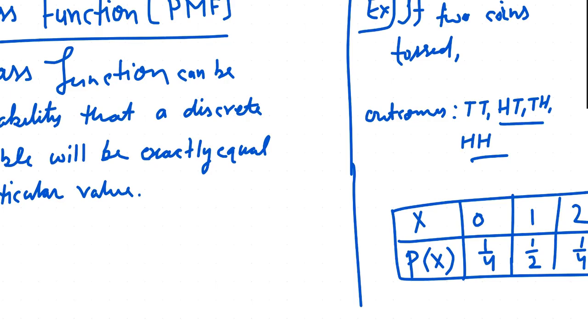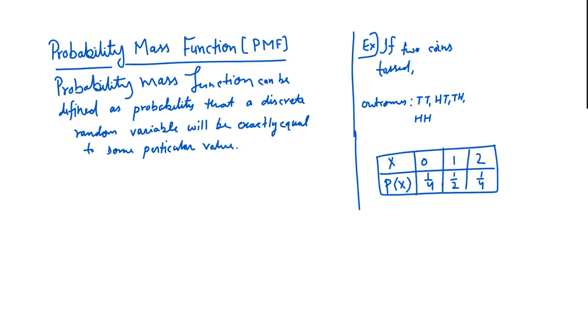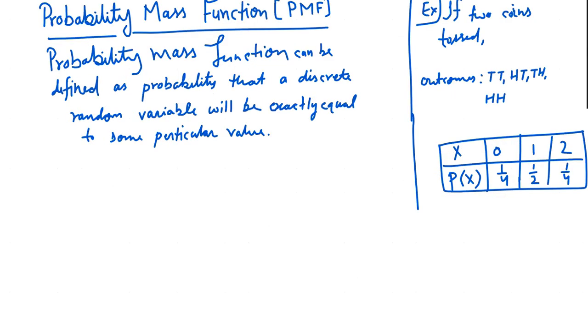So we can find the PMF for any value of the random variable. PMF means the probability that a discrete random variable will be exactly equal to some particular value.